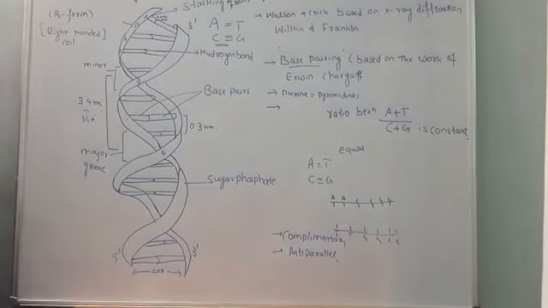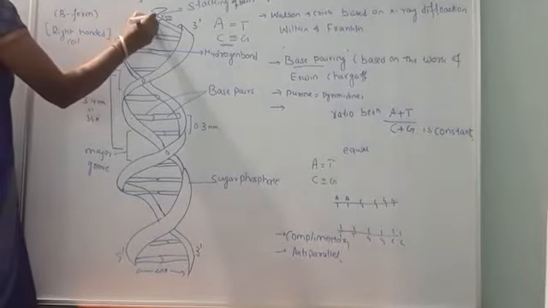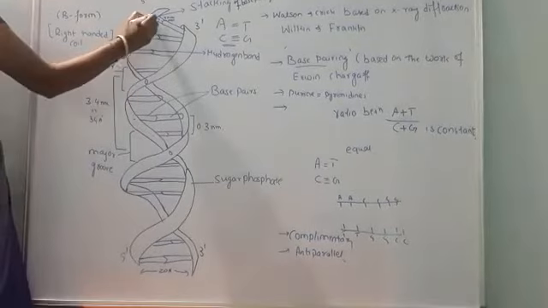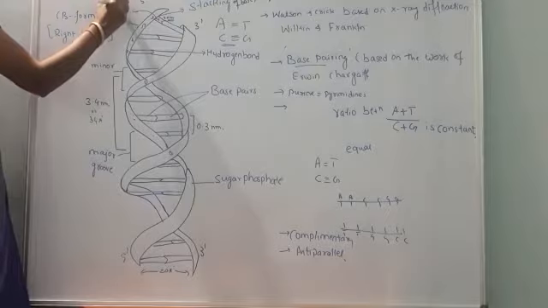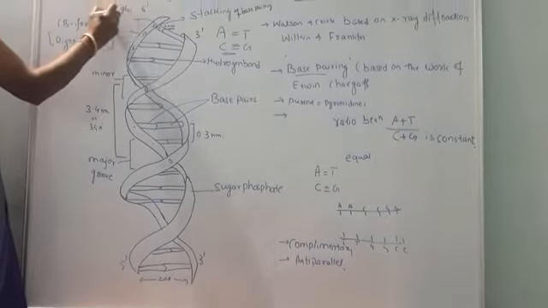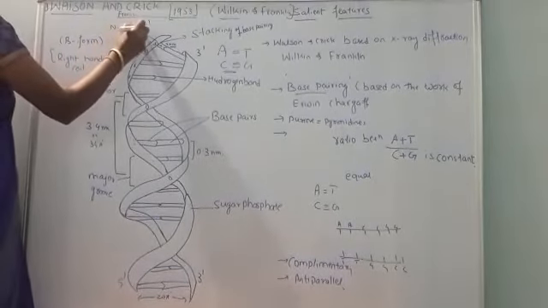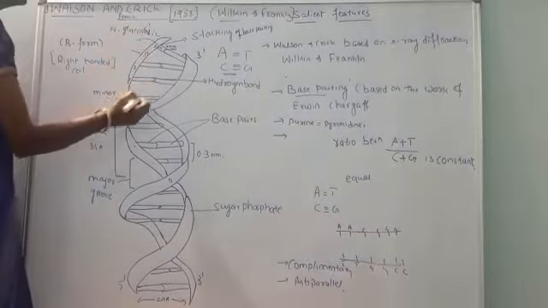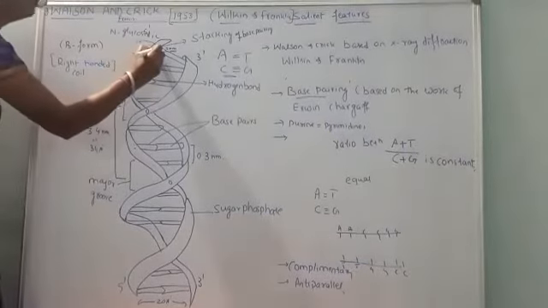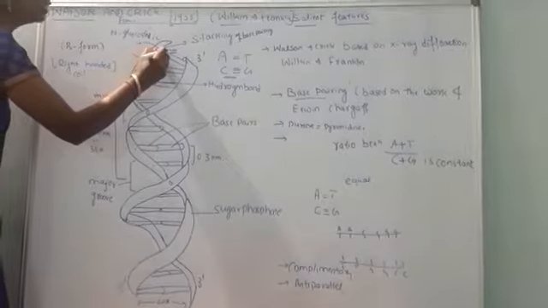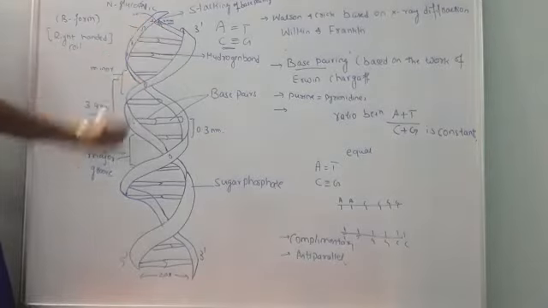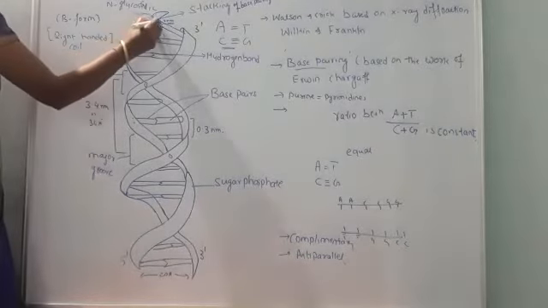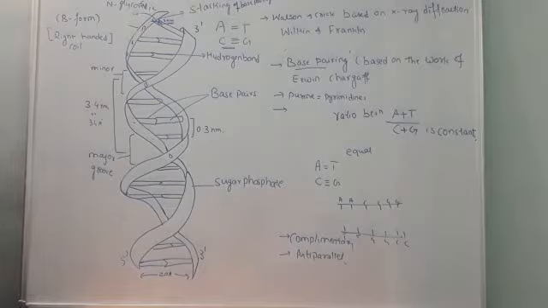In addition, here sugar is attached to the nitrogen base by a bond known as N-glycosidic bond. That I have already explained in the previous class. So where is this bond formed? It is formed between the sugar and nitrogen base. As you can see in this diagram, the sugar is attached with the nitrogen base, that is purine or pyrimidine, with the help of a bond known as glycosidic bond.